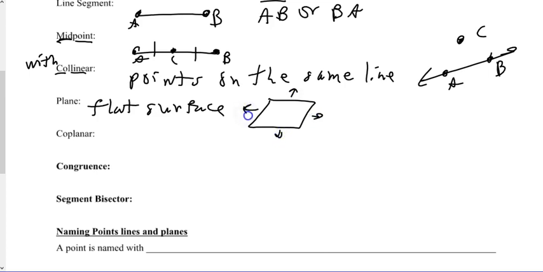So the floor we're standing on is a plane, but if we extend the floor outside this building, theoretically, that's what a plane is. Coplanar, just like collinear, means with each other on the same plane. So that means points on the same plane.